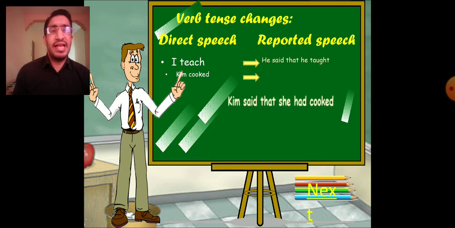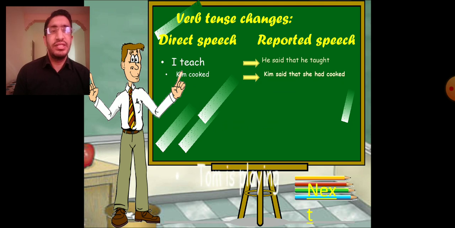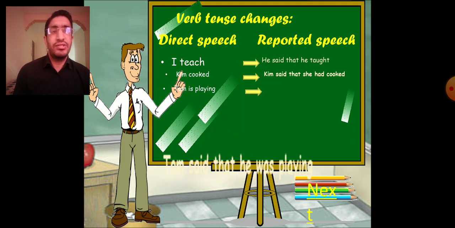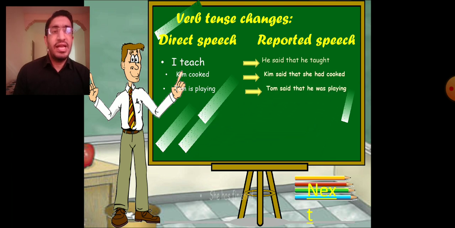Here, the simple past: Kim cooked. It becomes Kim said that she had cooked. So simple past becomes past perfect.